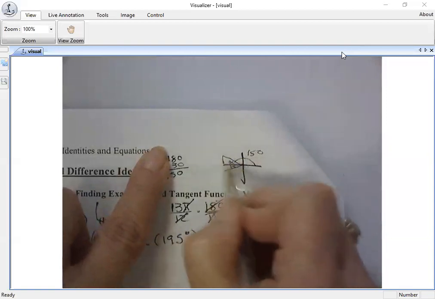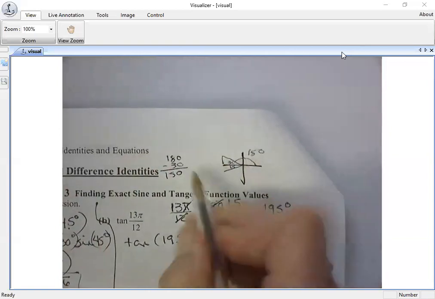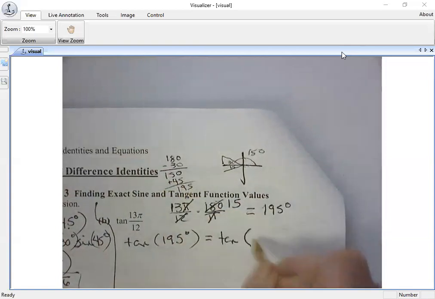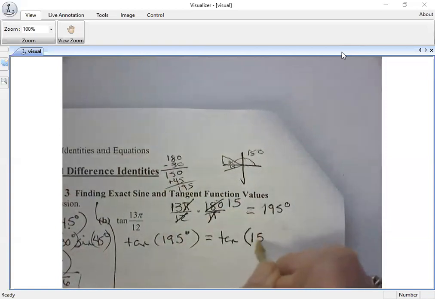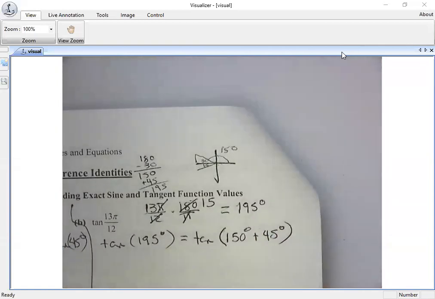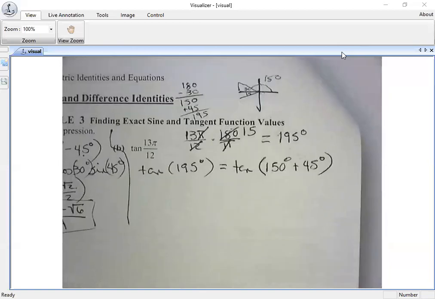And I can find all the ratios for a 30-degree angle in the second quadrant pretty easily. And if I have 150 and I add 45 to it, that's how I'm going to get 195. So that's why I want to write this as the tangent of 150 plus 45. Does that make sense? Okay.